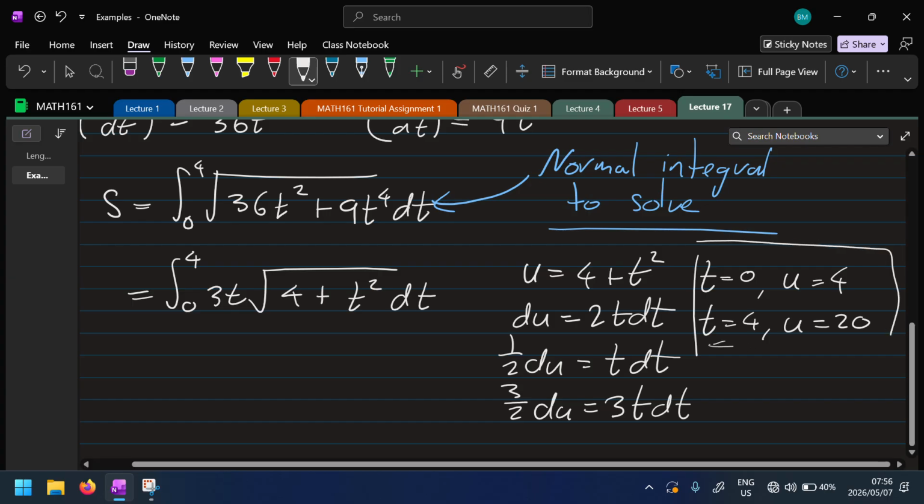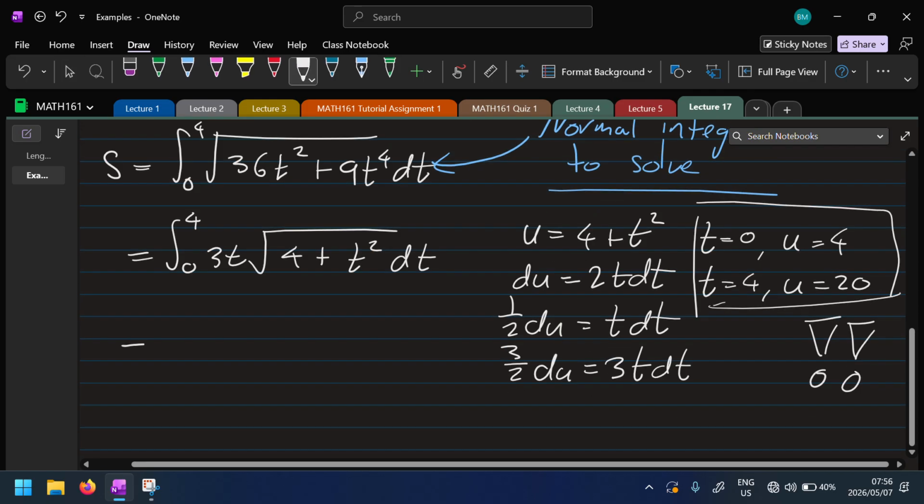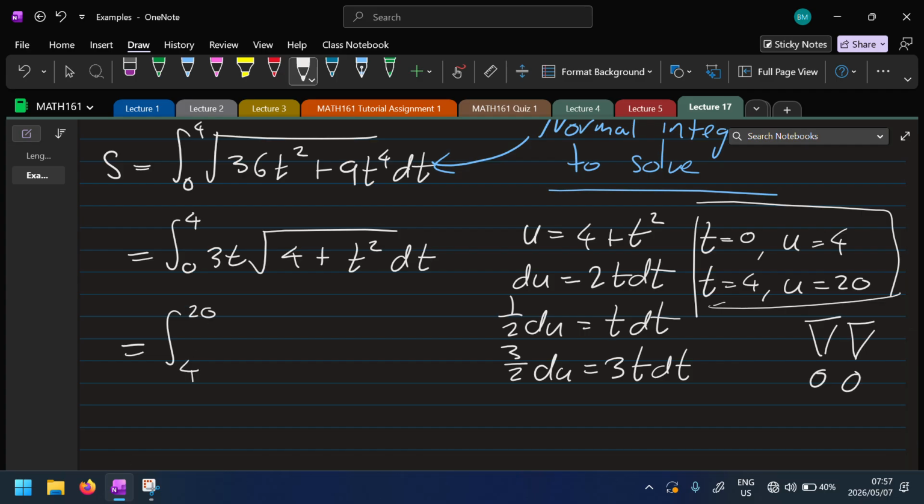Please remember to change your bounds. So this will be the integral from 4 to 20. The 3t dt, that's taken care of by this. So we just have root u.